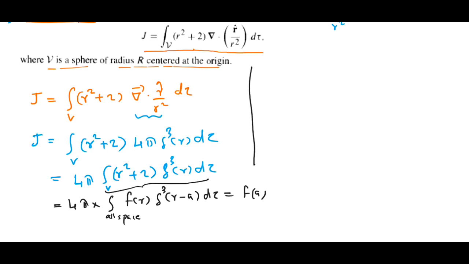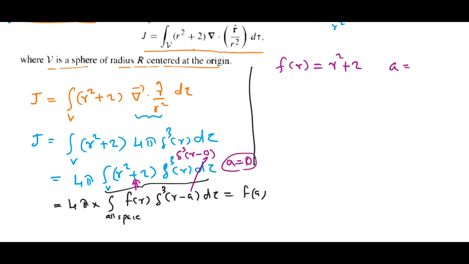Let me write here. Then on comparison, what will you get? We get f(r) is r squared plus 2, and for a, here I don't have a, but I can slightly modify this equation, which can be written as r minus 0. Therefore, a is equal to 0 here.